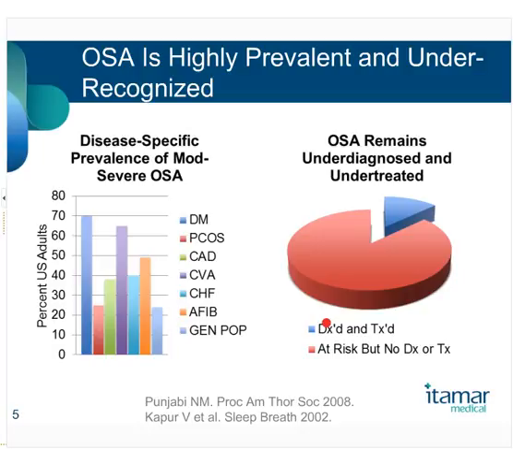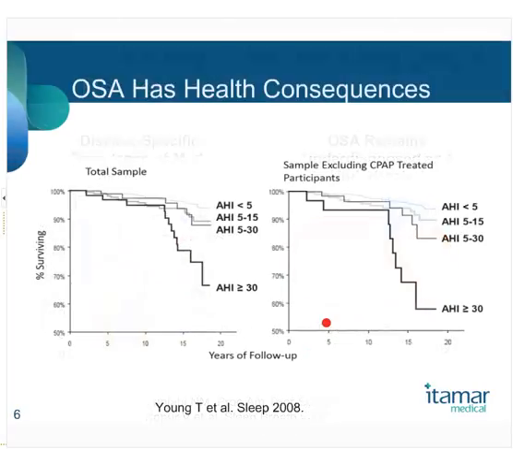So there's a huge population of people that are below the radar screen who have not come to clinical attention yet, and these are our patients of the future, and these are people who are potentially suffering from the problems associated with sleep apnea but have not yet been helped to treat it.